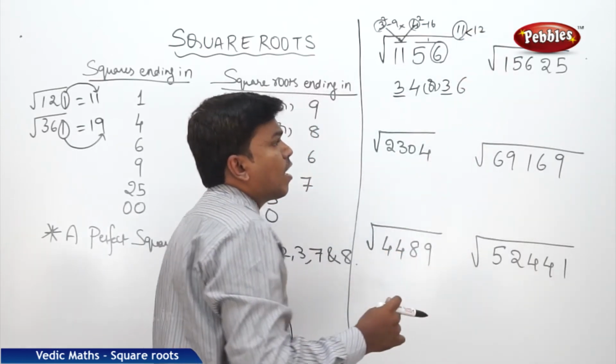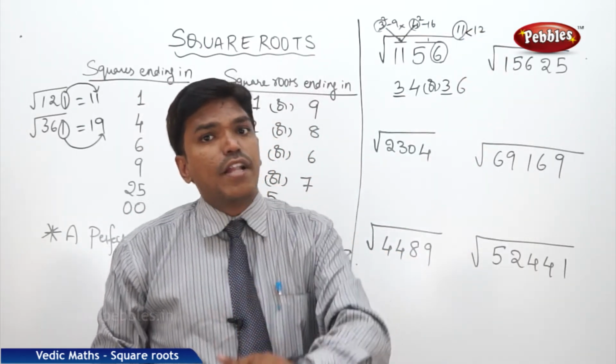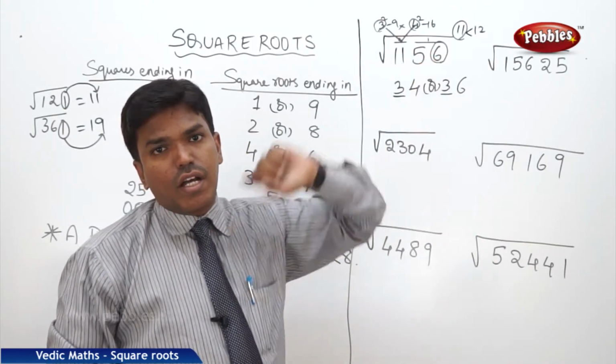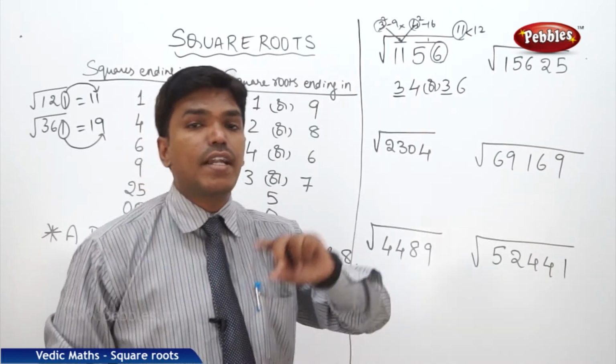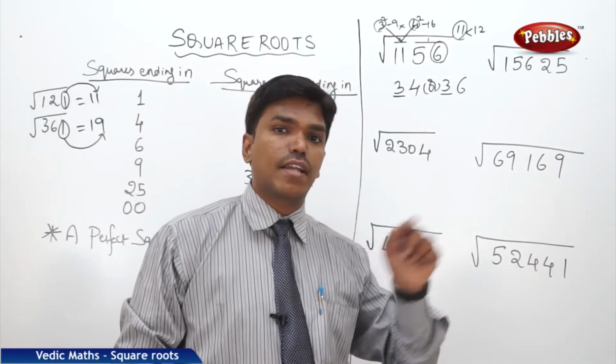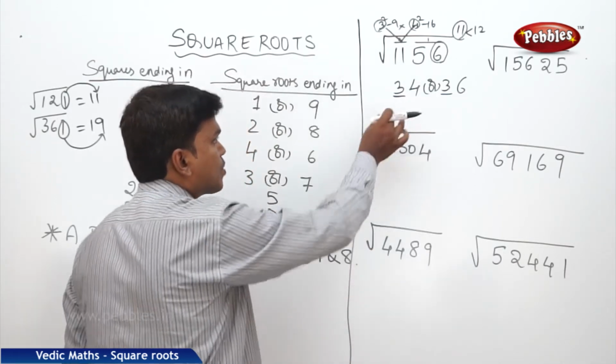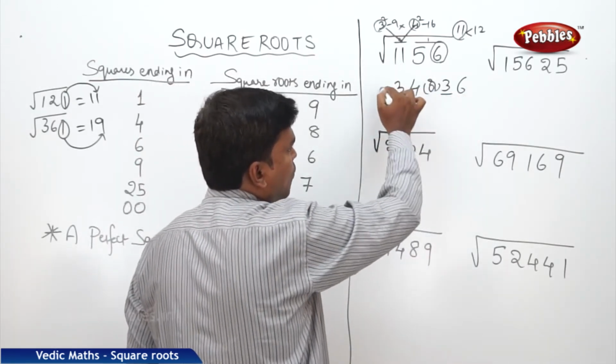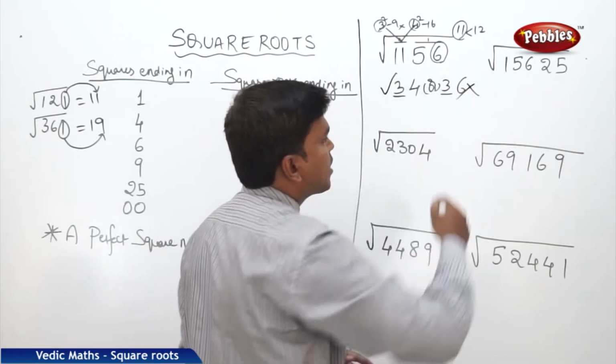That means if it is less than the product of the two numbers, the answer will be the lesser value. If it is greater, then the answer is the greater value. So out of these two, my answer will be the lesser value. Which is the lesser value, 34 or 36? 34. So obviously this is my answer and the other cannot be.